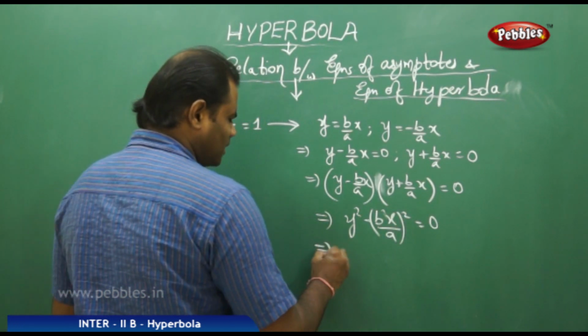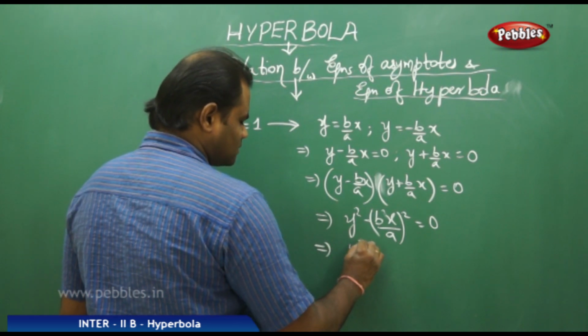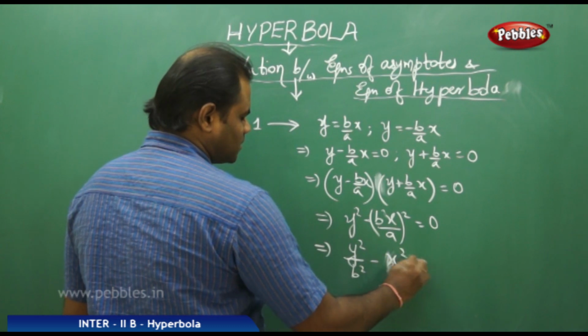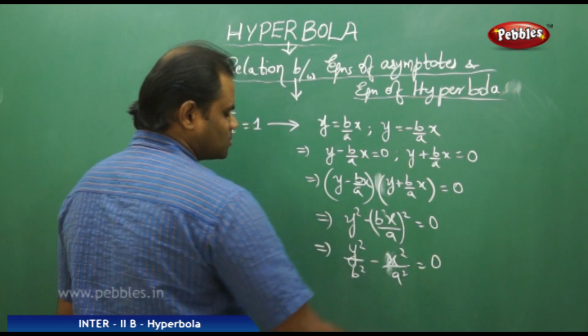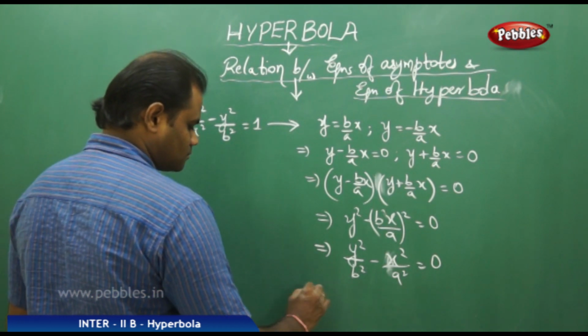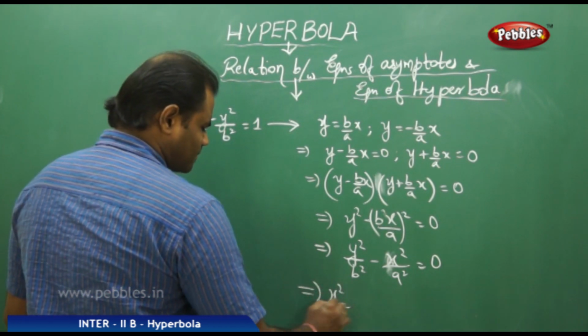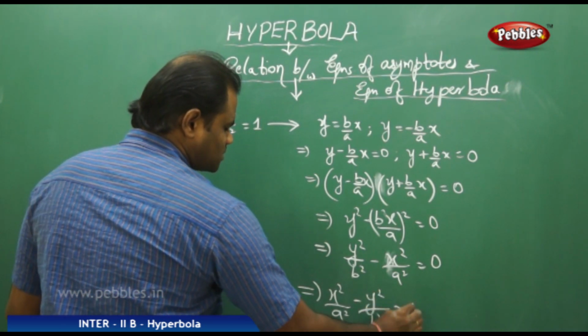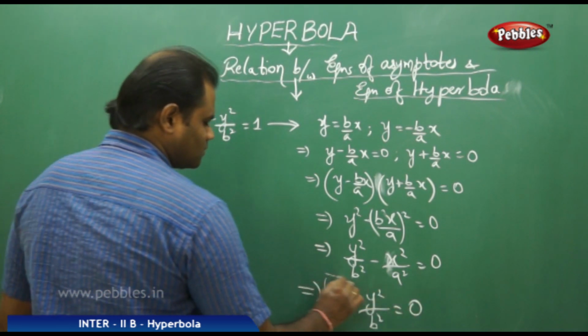And dividing by b squared, I get y squared by b squared minus x squared by a squared equal to 0. That is, I get x squared by a squared minus y squared by b squared equal to 0.